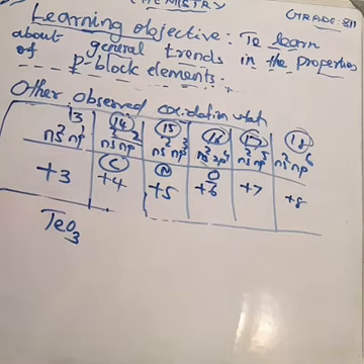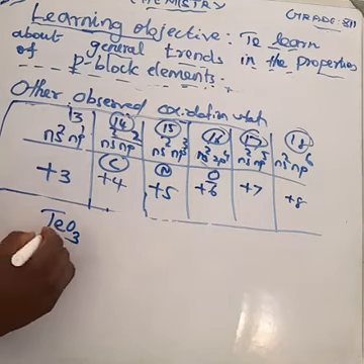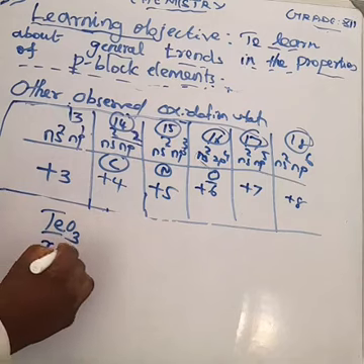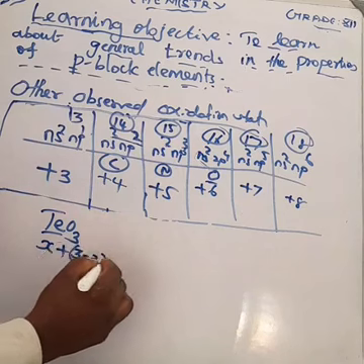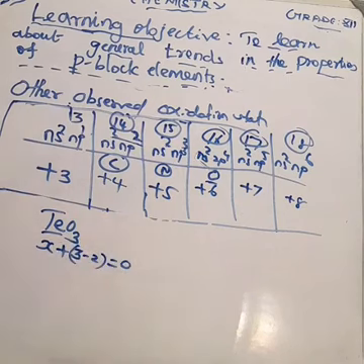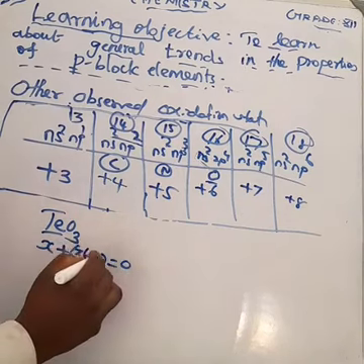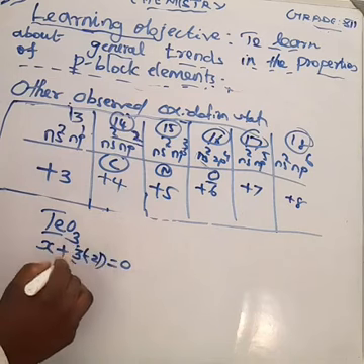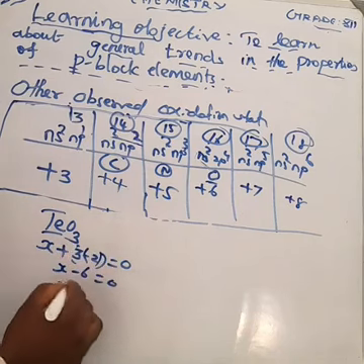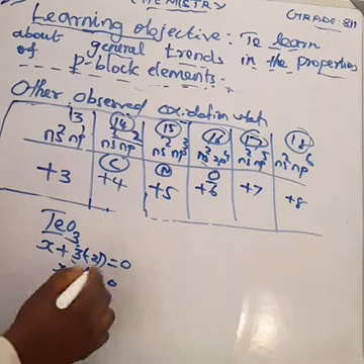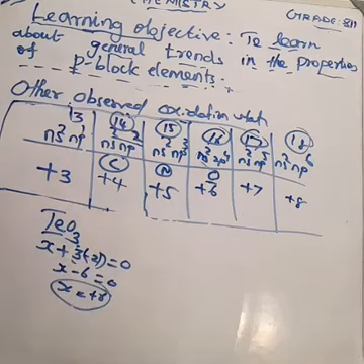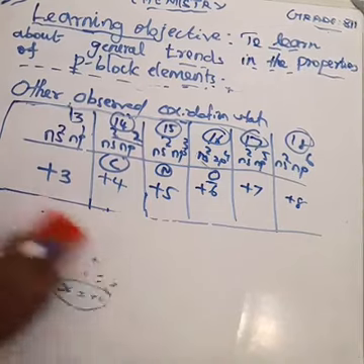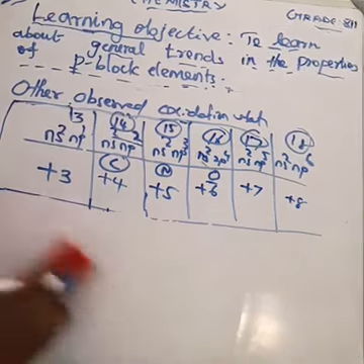Highest. We have to find out that one. Te means we can be taken as X. X plus, how much oxygen is there? 3 oxygen. So 3 into minus 2 equal to 0. X minus 6 equal to 0. X is equal to plus 6 oxidation state. Can you understand, my dear children? Next, having other observed oxidation states, that is plus 4, plus 2 and minus 2.